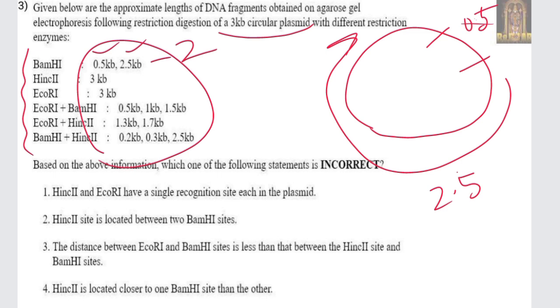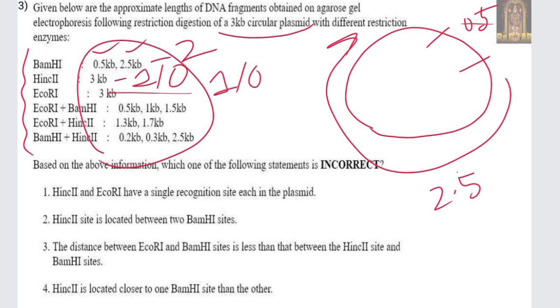That means there might be a single site which has transformed that circular plasmid into the linear one, or there might be no restriction site. That is also possible; that time the plasmid will be in the circular form. And the same happens for this also. There might be a single site, or there might be no site.